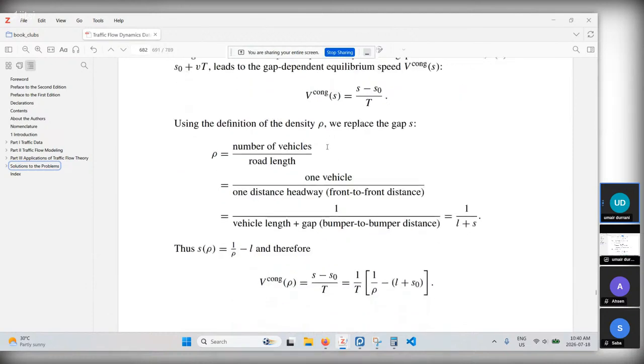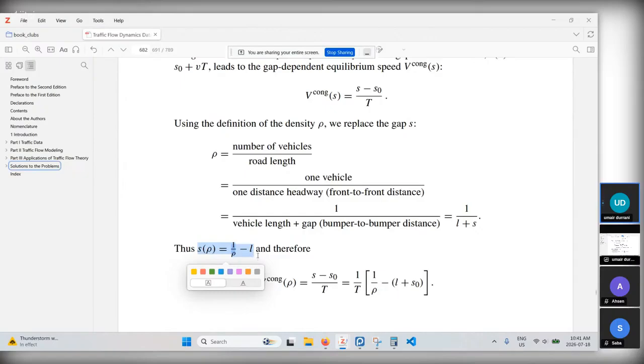And for the density, we use the formula of number of vehicles per road length. And that turns out to be 1 divided by the length of the vehicle plus the distance gap. So 1 divided by L plus S. And then when we plug in this thing for density, right here, 1 over L plus S, in this equation, we have S. And S is equal to 1 over rho minus L. And why is that the case?